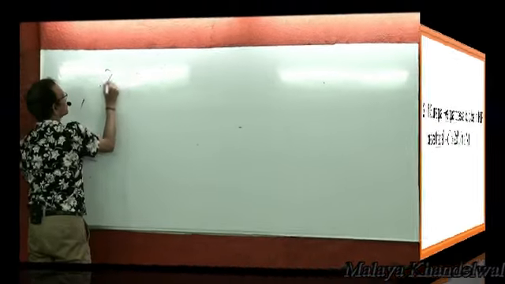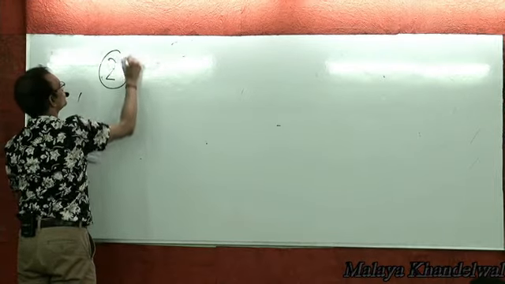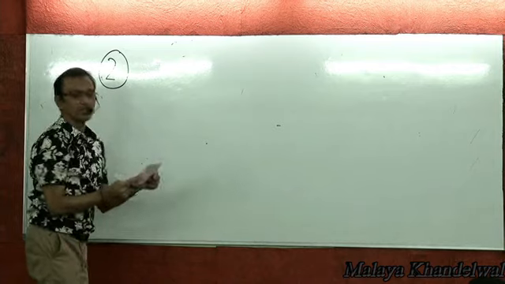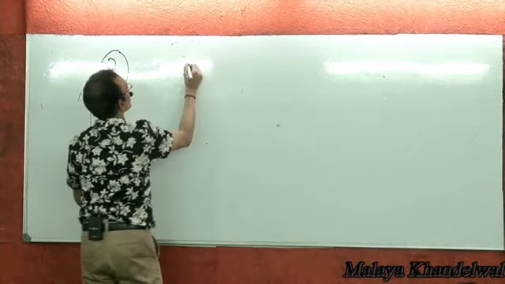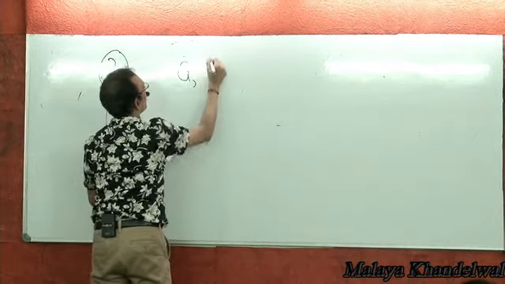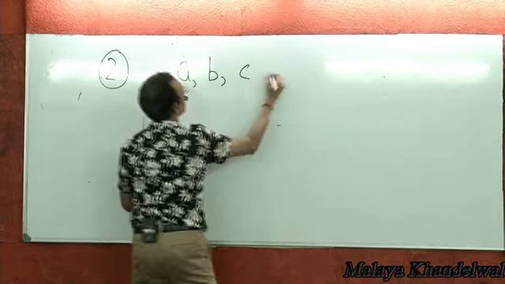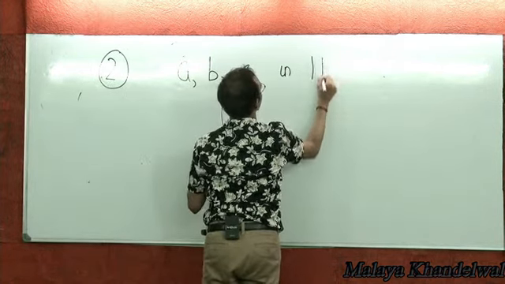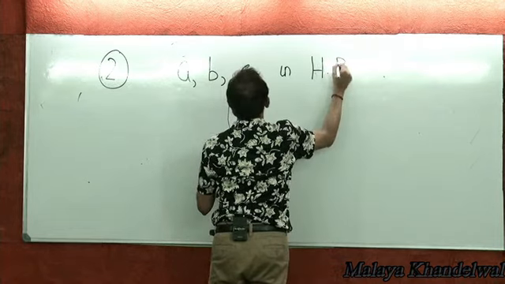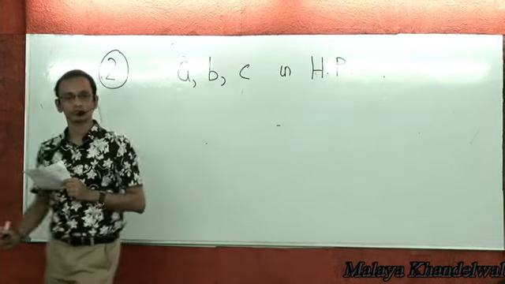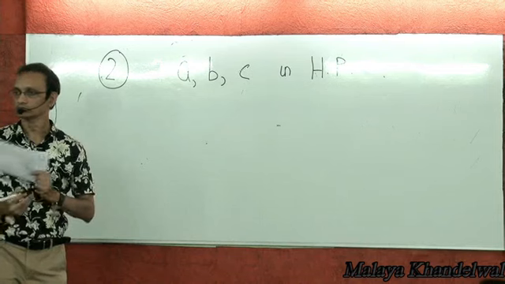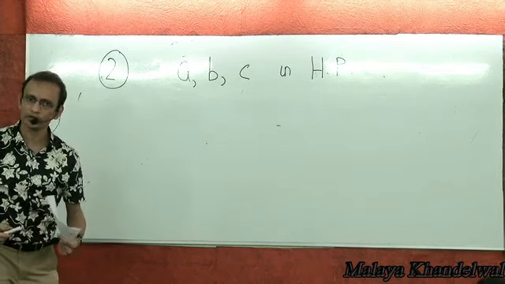The next problem, that is problem 2, is about three unequal positive numbers. A, B, C are three unequal positive numbers in harmonic progression. Have I told, do you know what a harmonic progression is?